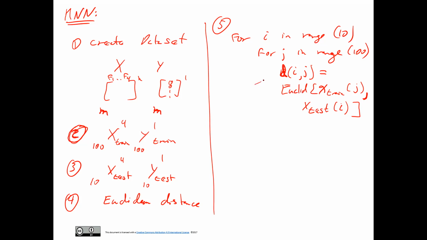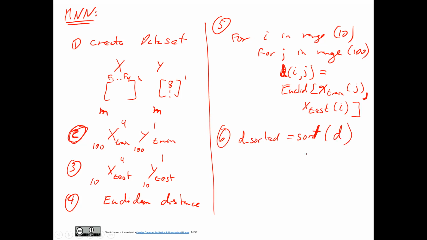So we store the distances in D. Once we've completed this, we basically take D sorted, where we're going to sort D, okay?